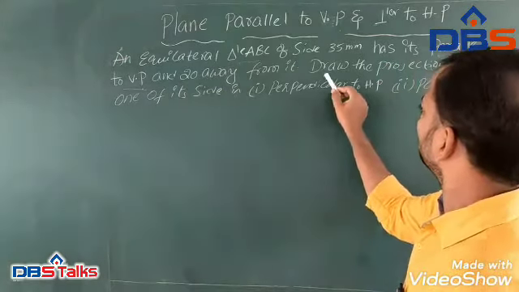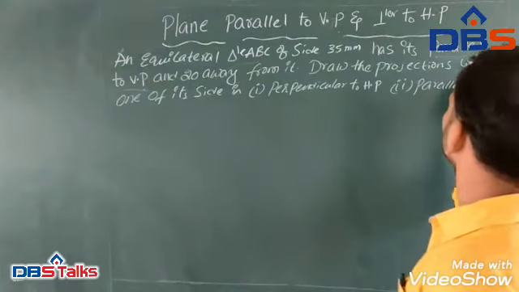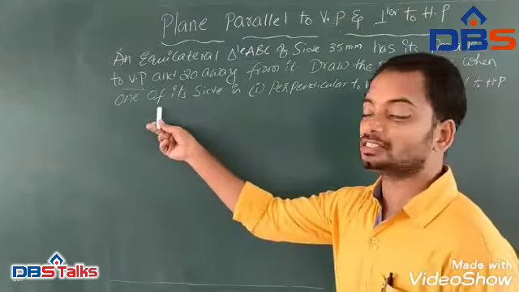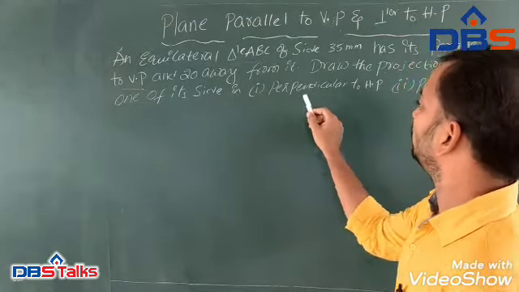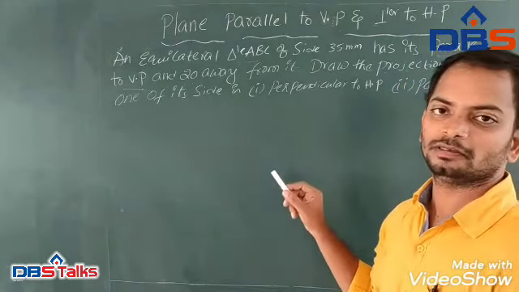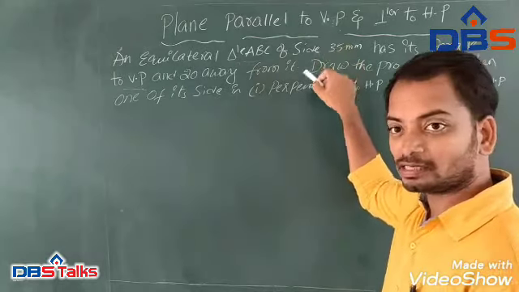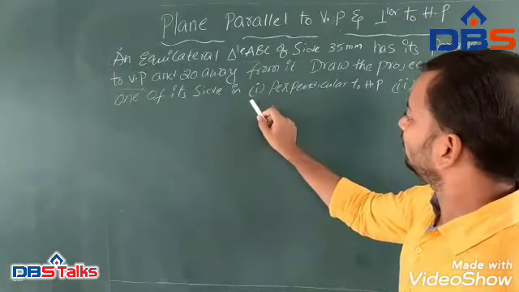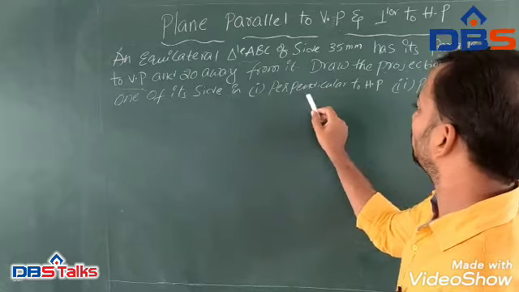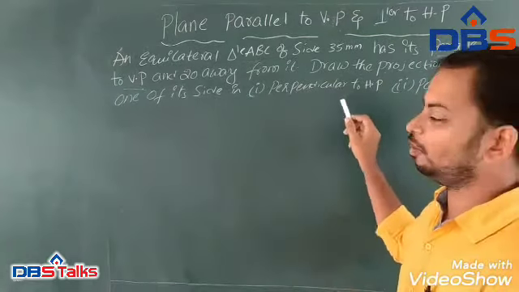Then draw the projections of the plane when one of its sides is perpendicular to HP. Here the plane is parallel to VP and at the same time one side of the plane is perpendicular to HP. That is one case.